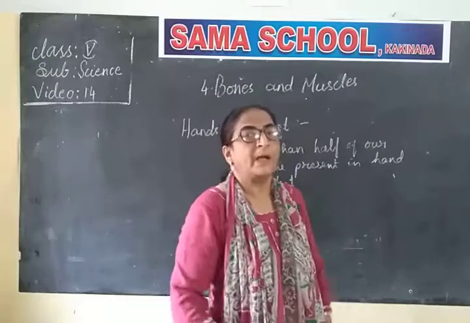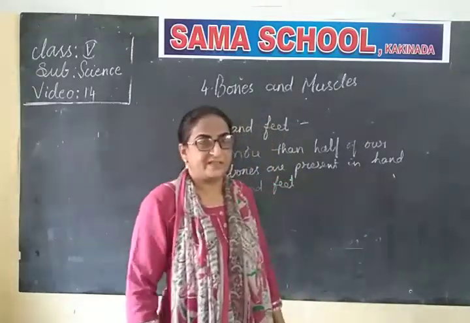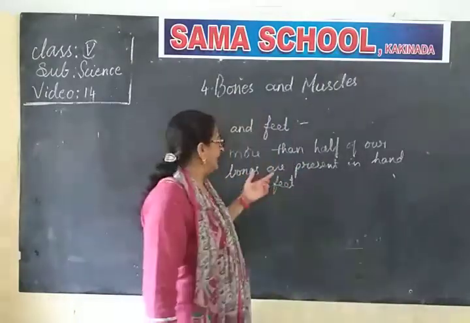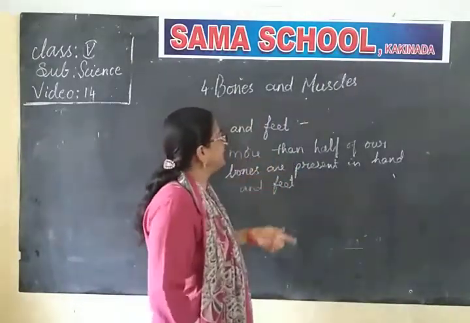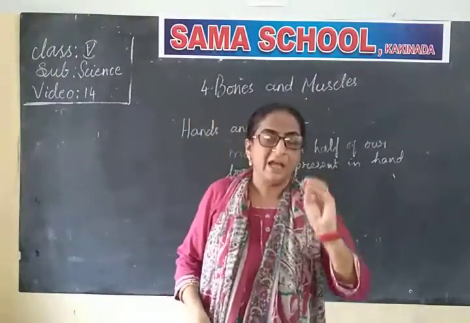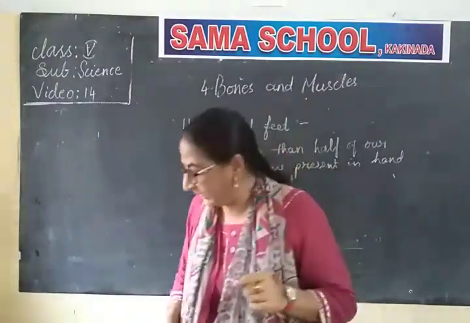The lower part of your leg is said to be the feet, isn't it? You wear chappals on your feet. So in that way, more than half of our bones are present in hands and feet. 27 bones we have in our hand and we have 26 bones in our feet.